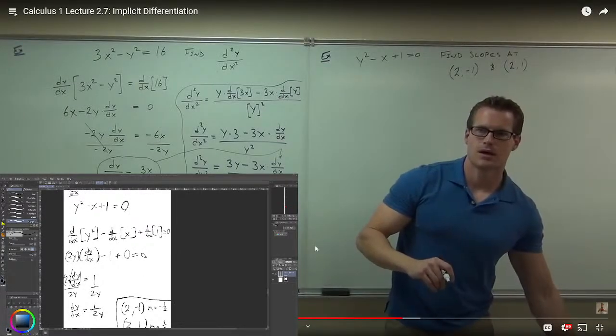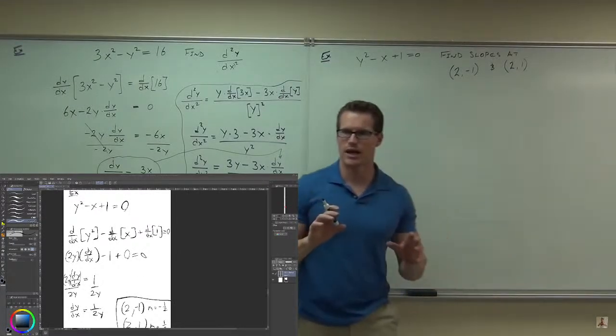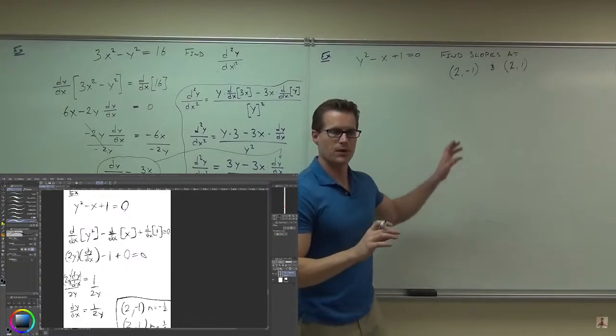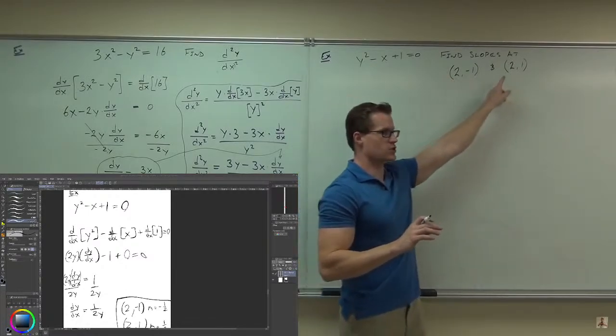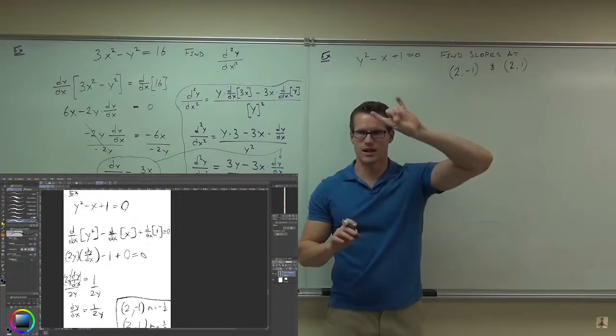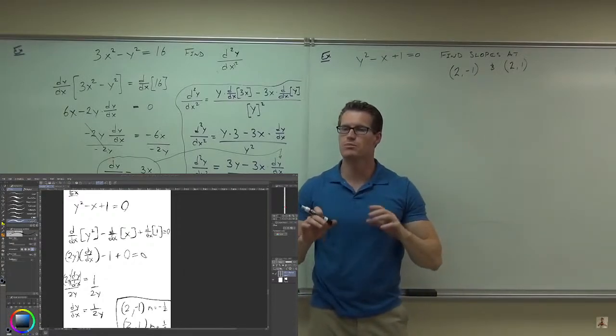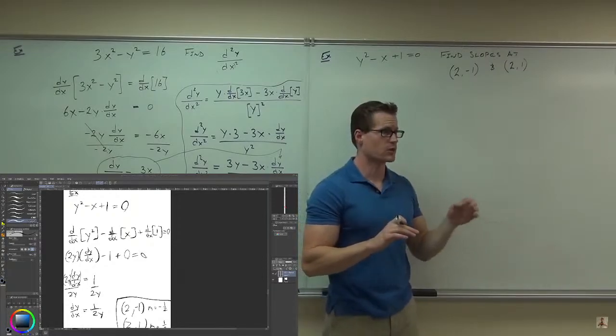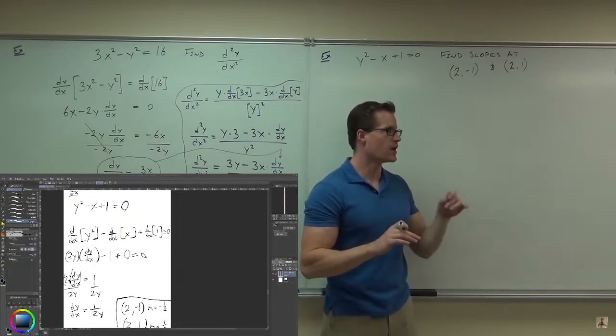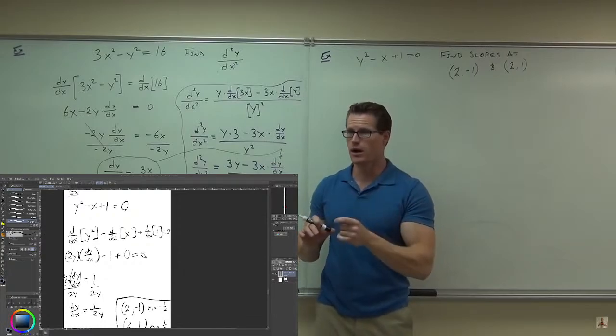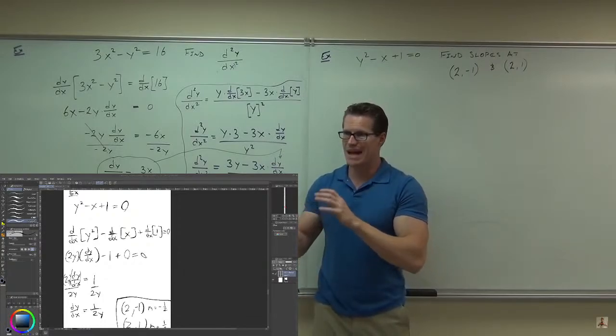Look at this. Because I have something that's not actually a function, it's implicit, I'm plugging in the same x value, and I'm actually getting out 2 y values. Do you see that? Also, notice that I am implicit, which means I have to give you both x and y for you to accomplish this problem, because your derivative is going to be in terms of both x and y. Do you see it?